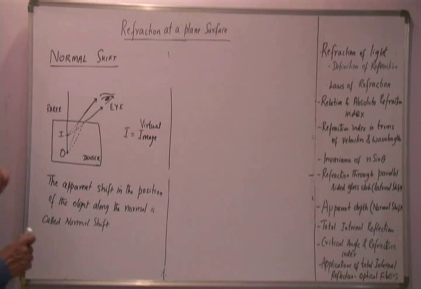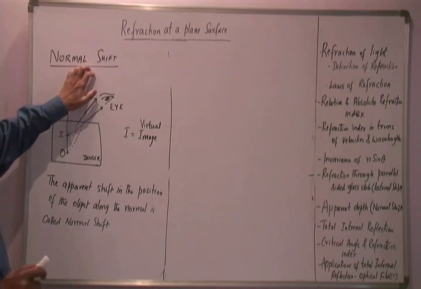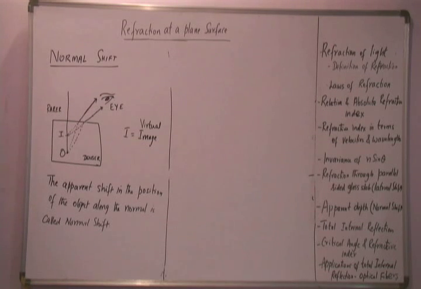I hope this concept is clear. With this concept in mind, now let us find an expression that will give us the value for normal shift. So let me draw a diagram wherein I will amplify this diagram and then we will work out an expression for normal shift.